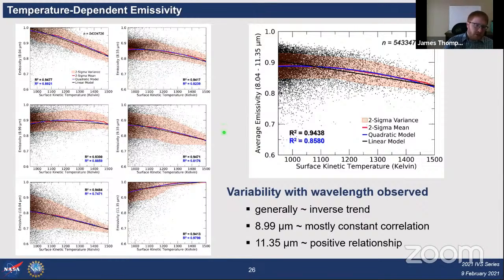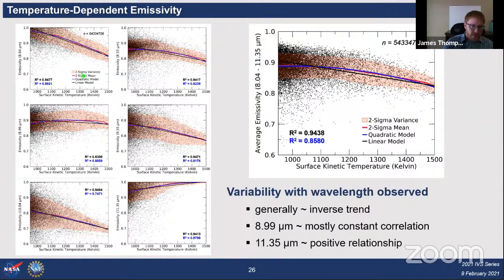As a result of the sampling bias, obviously there are more surfaces that are cooler and fewer surfaces that are at hotter molten temperatures. I worked out the 2 sigma variance of that data, and then calculated my quadratic and linear relationship models from that variance.